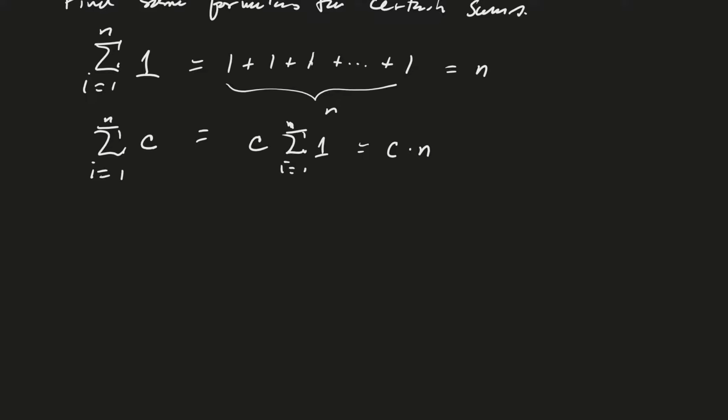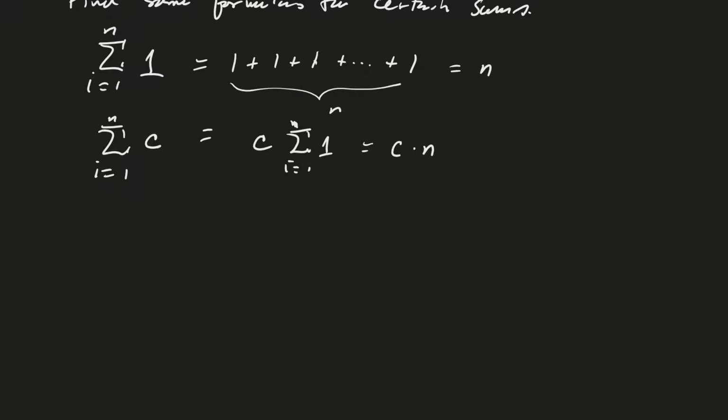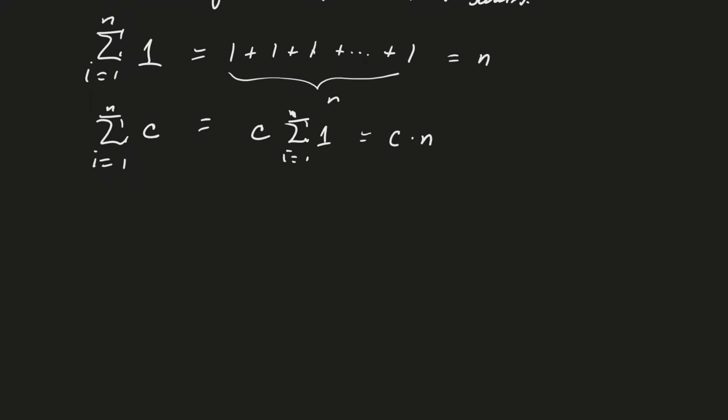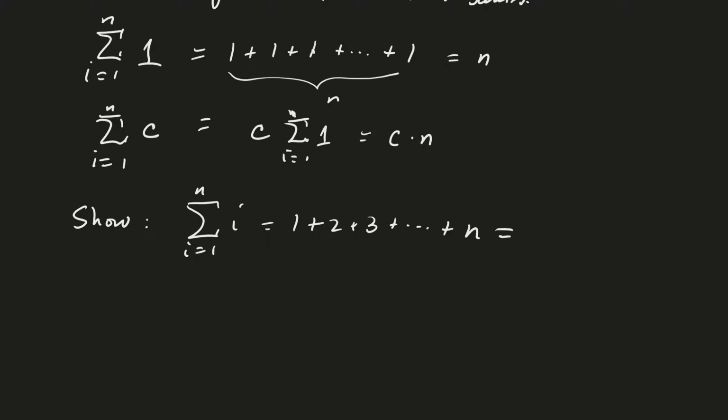I want to try to show that the following formula holds. If I take the sum of the first n integers, 1 plus 2 plus 3 plus up to n, then the sum that I would get will be n times n plus 1 divided by 2. I wonder why that is.